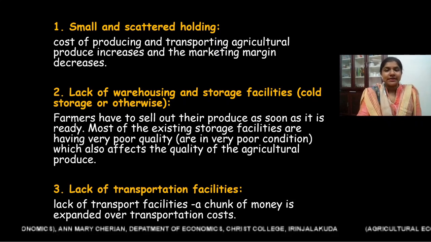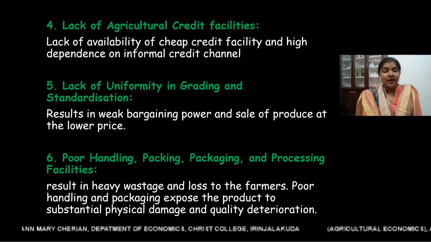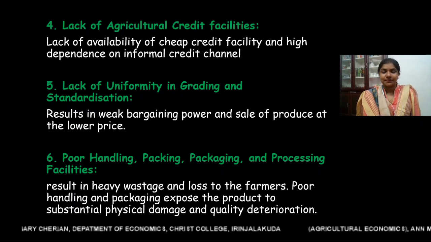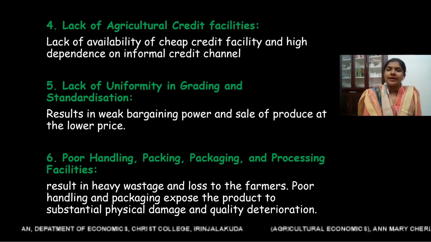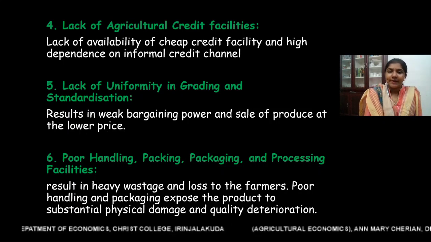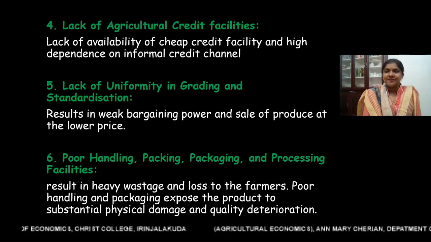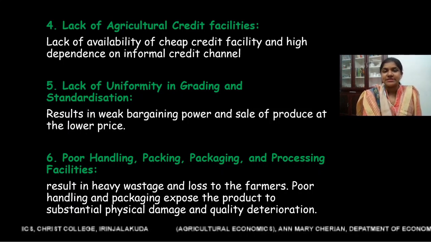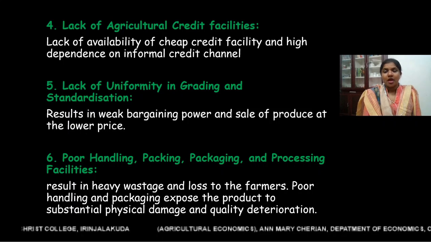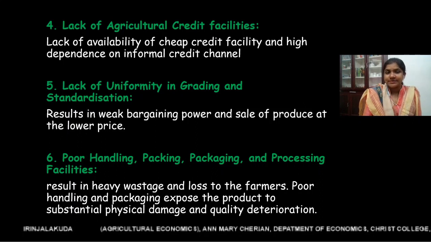Now moving on to the next issue, lack of agricultural credit. Lack of availability of cheap credit facilities and high dependence on informal credit channels has affected the expansion and modernization of agricultural productivity in India. Due to rigid norms of the banking sector, farmers are forced to borrow money from money lenders.